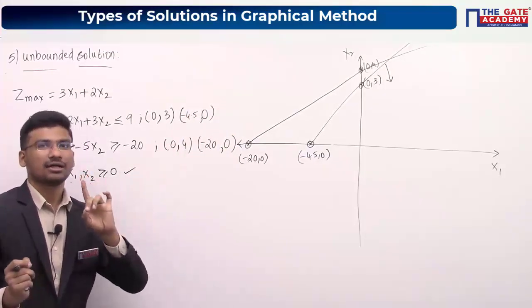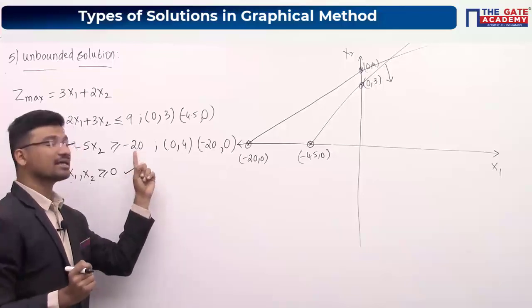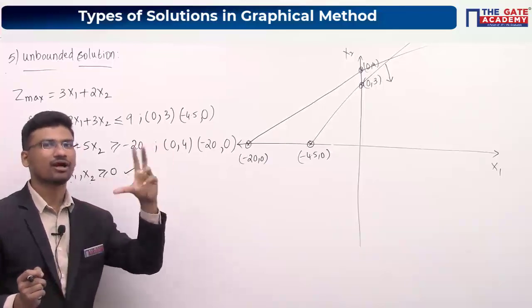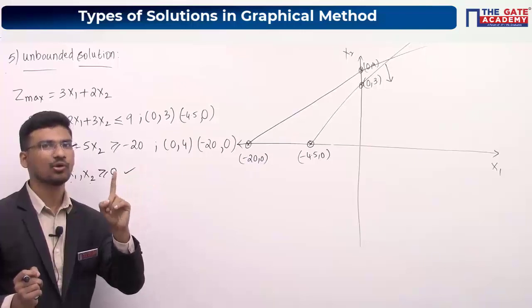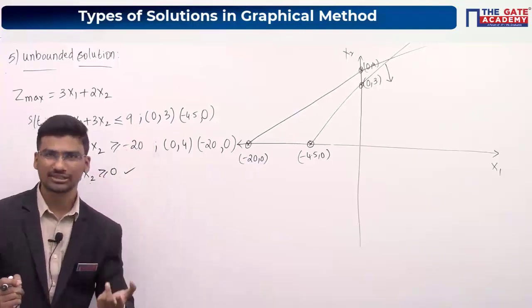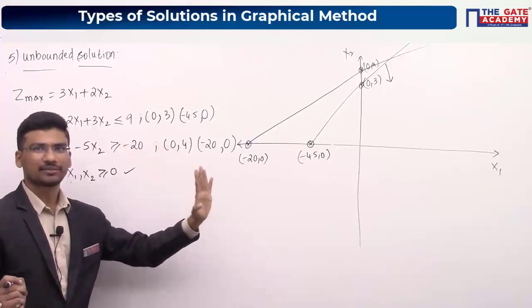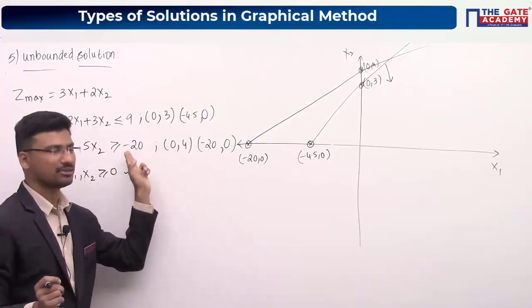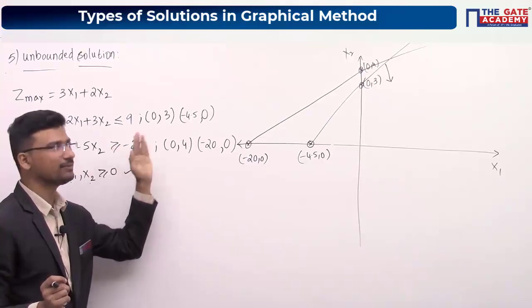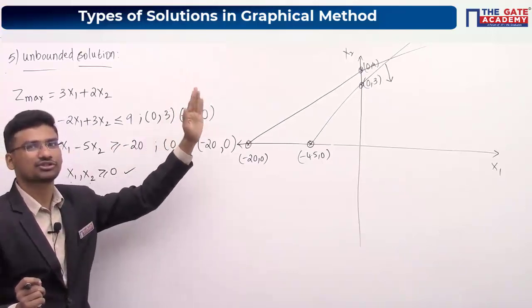But here the RHS value is negative. What we discussed is applicable only when the RHS value is positive, so you cannot assume the region is above the straight line.